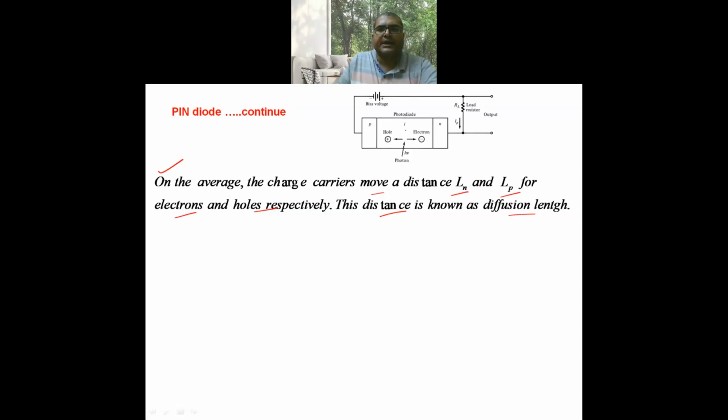Here, after breaking the covalent bond, the electron-hole pairs are generated and travel towards the PN regions, and before recombining they travel some distance. In the case of electrons it is Ln, and in the case of holes it is Lp.